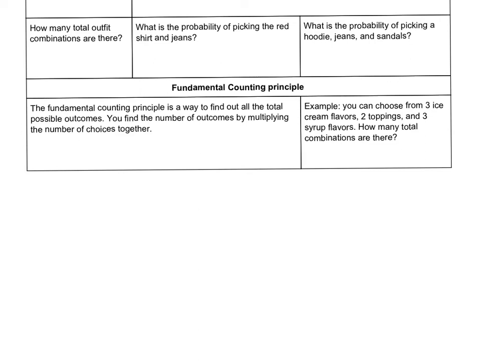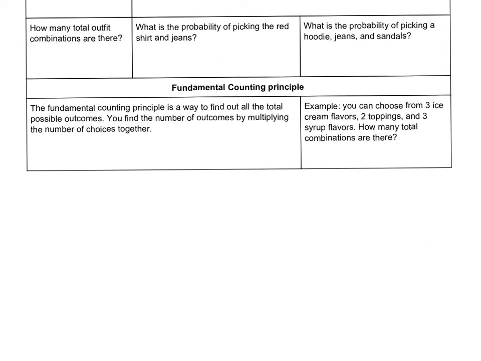So last but not least, whenever we've been doing these, we ask how many possible combinations there are. And sometimes that's all you need to know. Subway always advertises like, oh, there's like 5,000 different sandwiches you can make, and this is how they do it. They didn't go through and list all of the options. They did something called the fundamental counting principle. It lets us find the possible number of outcomes by multiplying the number of choices together.